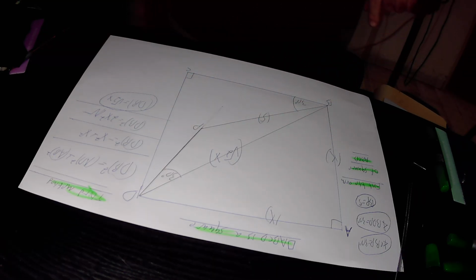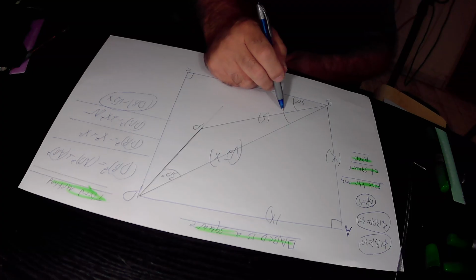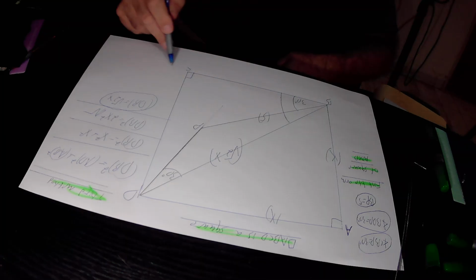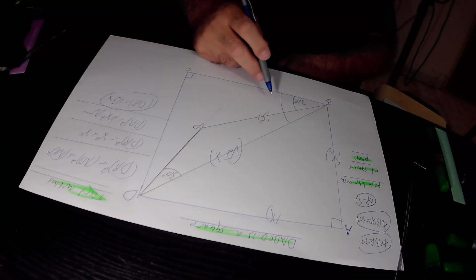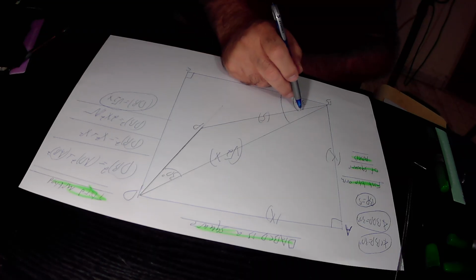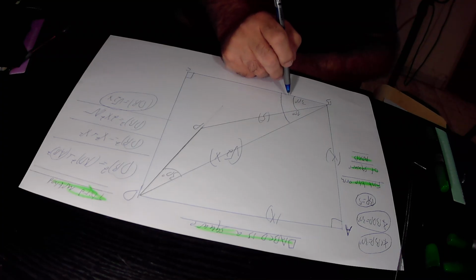Diagonal DB bisects angle ABC. This is the first half, that is 45 degrees. The first half of angle ABC equals 45 degrees. But this angle equals 30 degrees, and therefore this angle equals 15 degrees in size, because 15 plus 30 is 45 degrees.